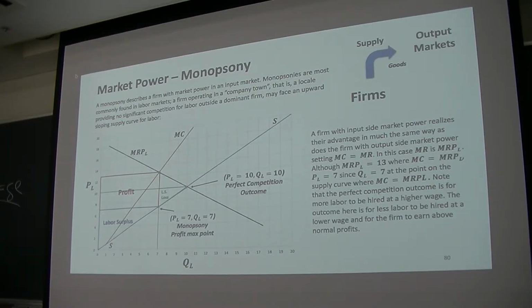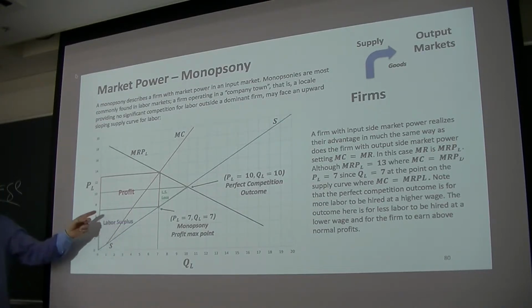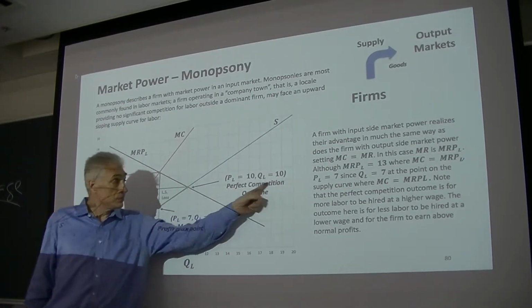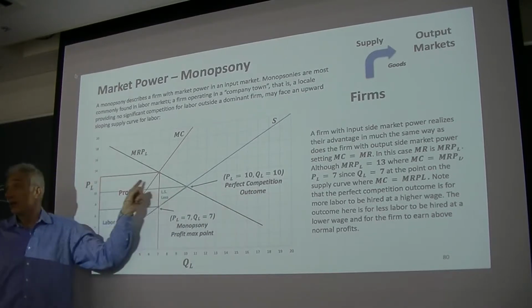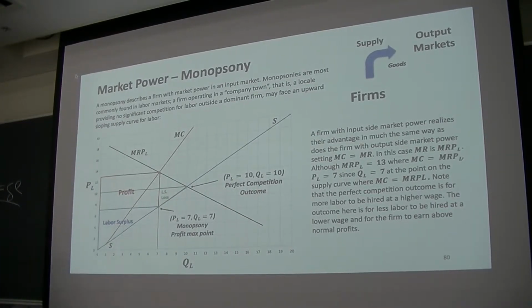And what causes a firm to have market power? If they have market power in their labor market, that means they're not a price taker. Price taker means that the cost of adding an additional worker doesn't change.